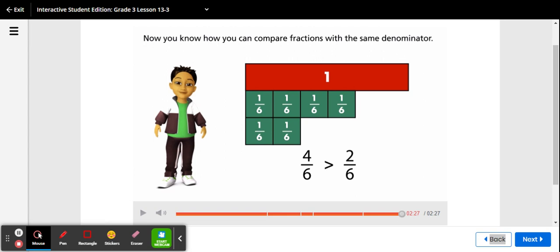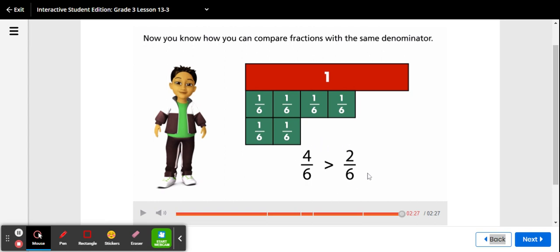So we're going to be practicing comparing these fractions with the same denominator. Again, the denominators tell how many equal parts the whole is divided into. If we are taking the same size whole and dividing them into the same number of equal pieces, that means that all those pieces of both things are going to be the same size. So we are having to look at how many of those pieces we have.